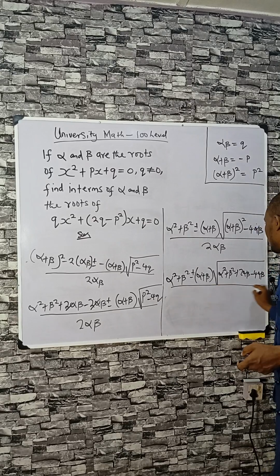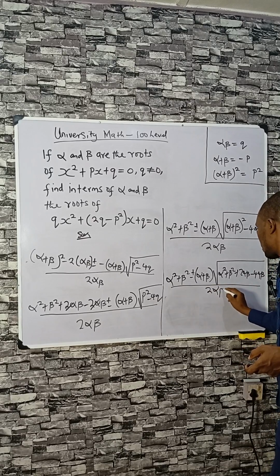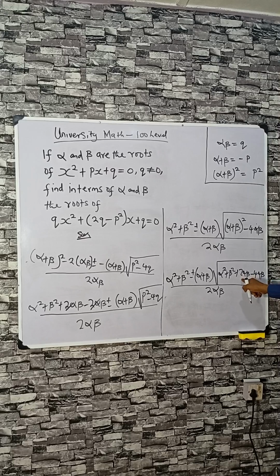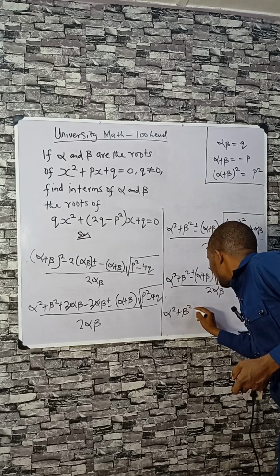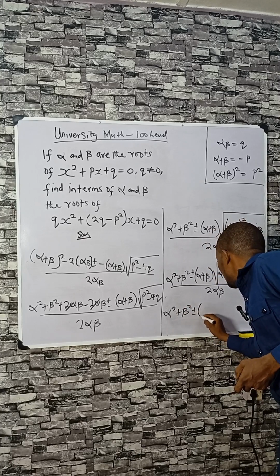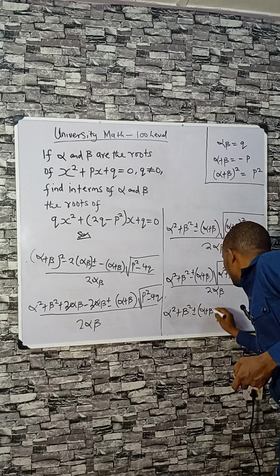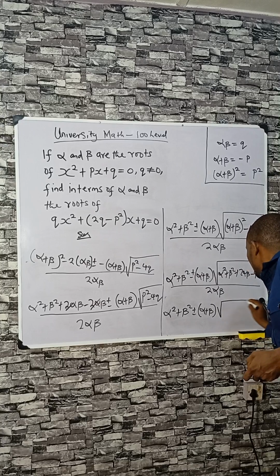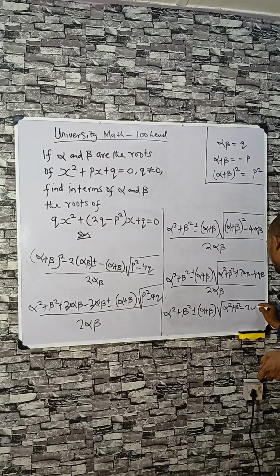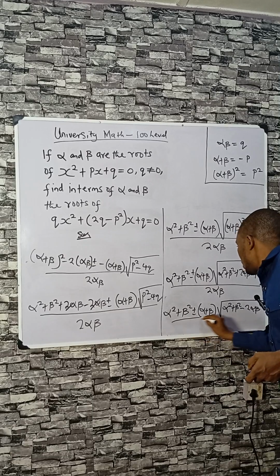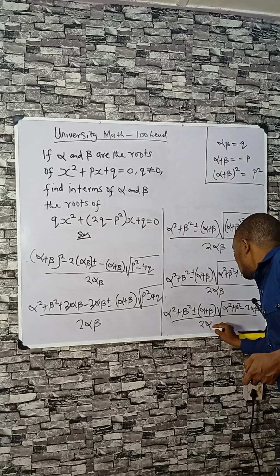If you subtract that, you see 2 alpha beta minus 4 alpha beta will be minus 2 alpha beta. So we have alpha squared plus beta squared minus 2 alpha beta, divided by 2 alpha beta.